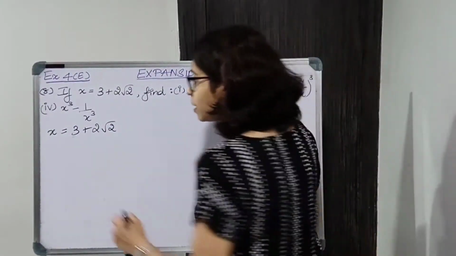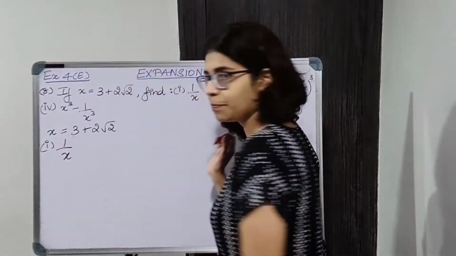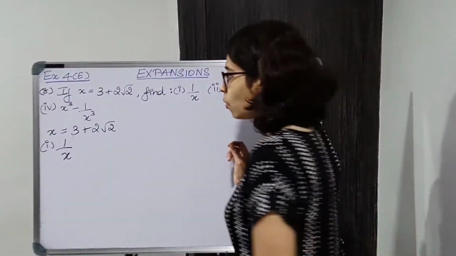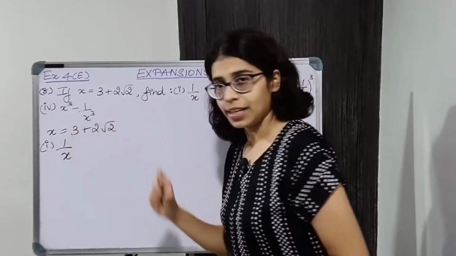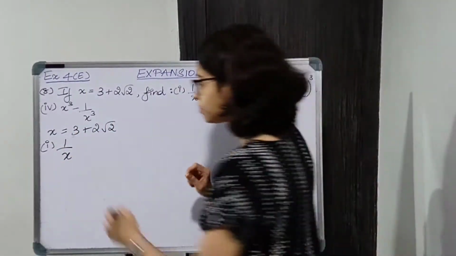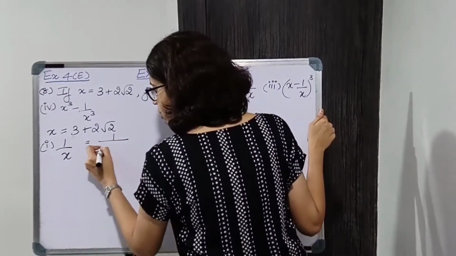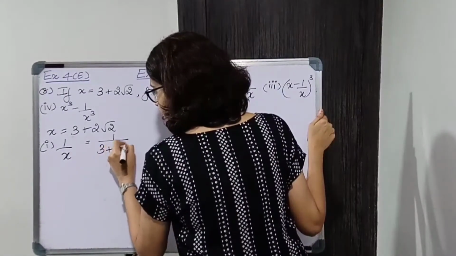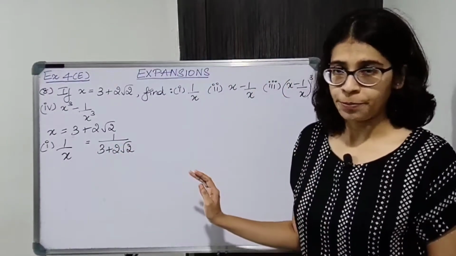Now in the first part there is 1 upon x. So in place of x, we'll substitute its value. So 1 upon x is equal to 1 upon 3 plus 2 root 2. In place of x, I substituted the value.